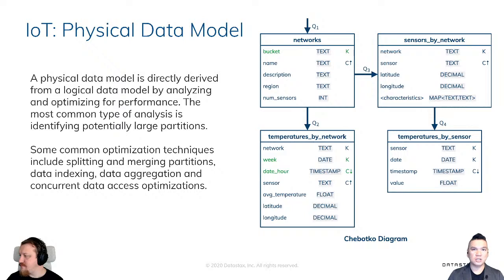A partition in Cassandra is a unique identifier that determines where that particular record gets stored within the cluster. So say you have 100 nodes in your cluster, the partition key gets hashed into a value, and that hash value determines which node that particular partition and all the rows associated with that partition get stored in.